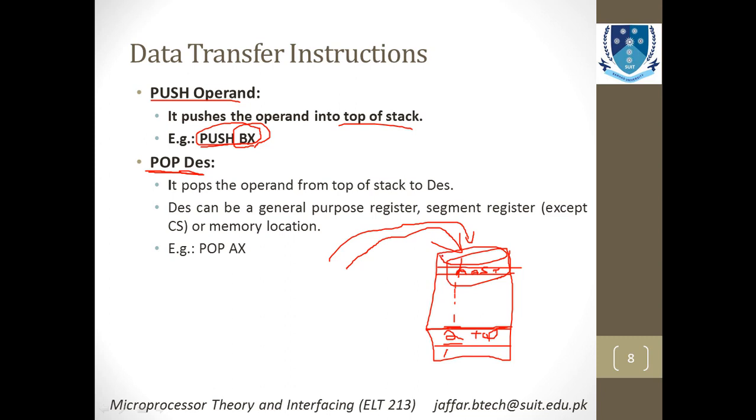This is the POP instruction used for the stack. And if you want to take out 2, you first have to take out all the data placed over 2, and after that you will reach 2. So let's say this is last, and there are several data placed over it: 7, 6, 5, 4, 3.